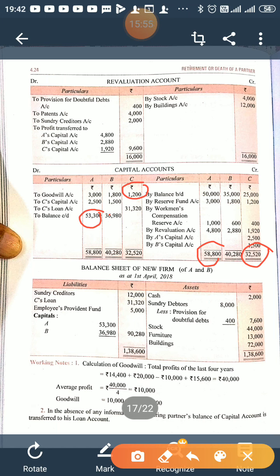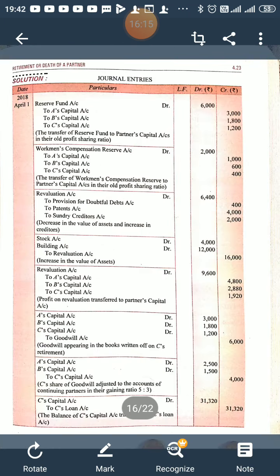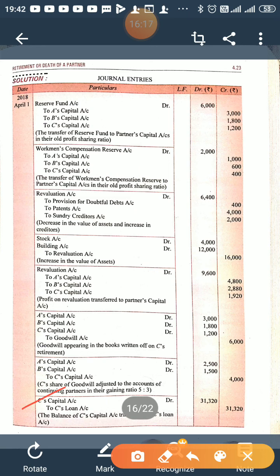32,520, so 31,320, because final payment has not been made to him, his amount will be transferred to loan account. So we will write C's loan account 31,320, and the journal entry will be C's capital account debited to C's loan account.